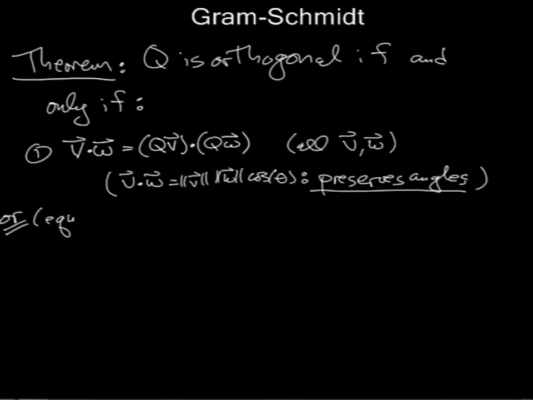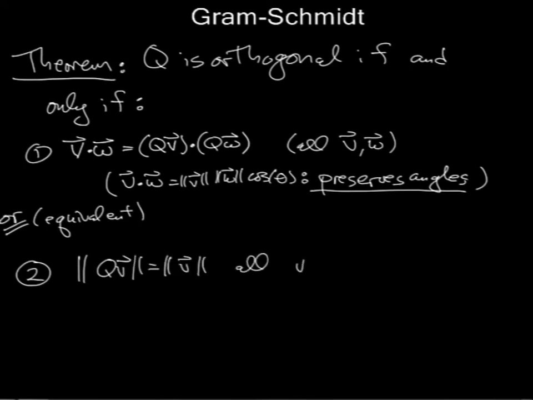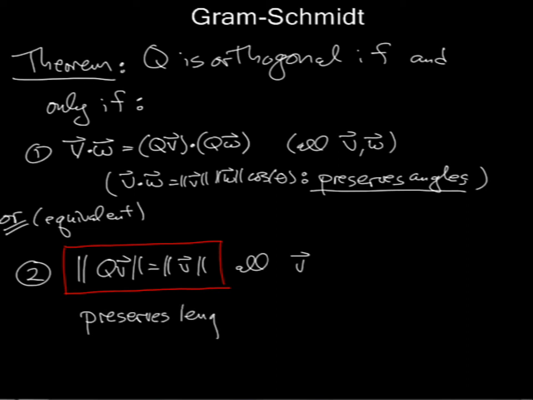The second property, which is actually equivalent to the first, is that it preserves lengths. If you have a vector v, the length of Qv and the length of v are the same. So this is a defining property of orthogonal matrices, and that's why they're called orthogonal, because they preserve angles and preserve lengths.